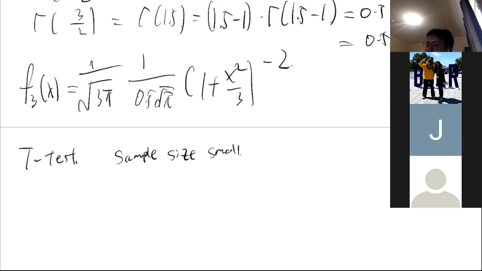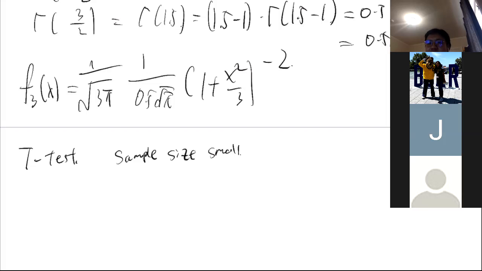But the t-test can always be used, even in a larger sample size. Actually, if you look at the t-tables, they give you degrees of freedom equal to 40 or 60 or 80 or even 100.